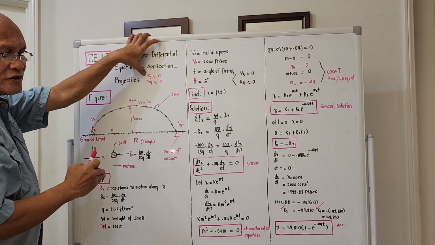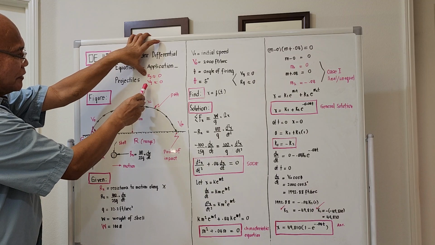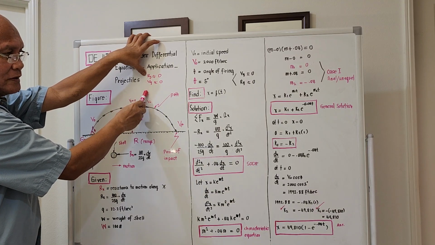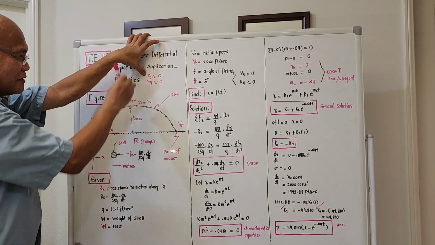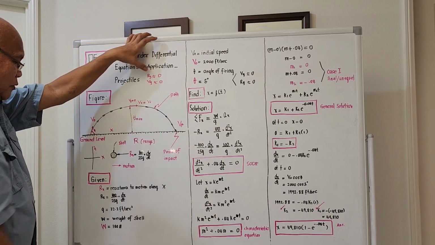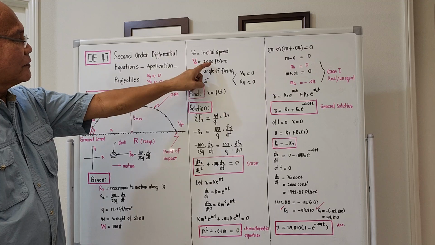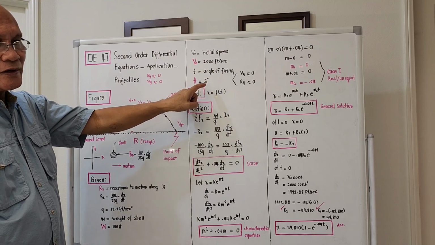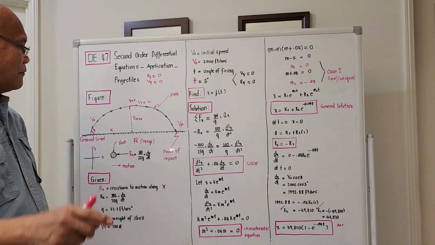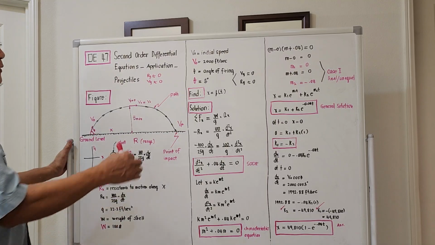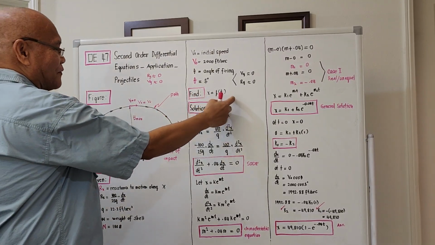It's not 0, but it's very negligible. And the velocity with respect to the y-axis is almost 0. With the given initial velocity of 2,000 feet per second and the angle of firing of 5 degrees, the problem is asking for what will be x as a function of time.